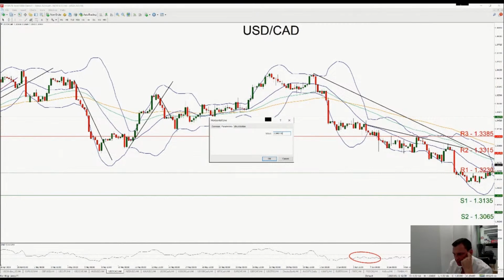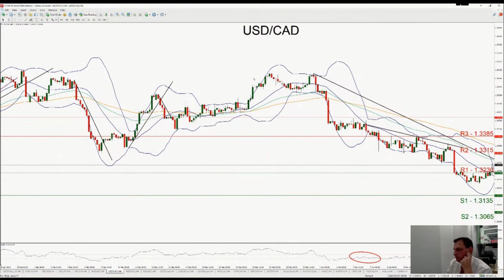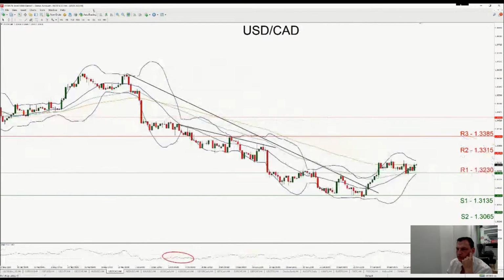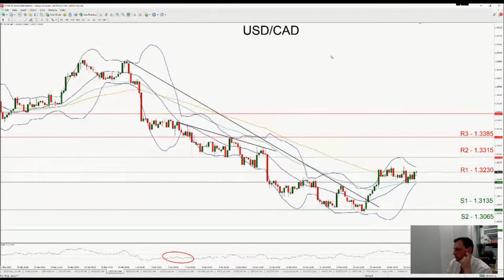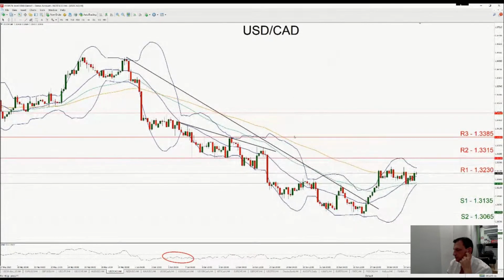1.3465. We're adjusting the chart. Let's widen this a little bit. Reposition the labels.